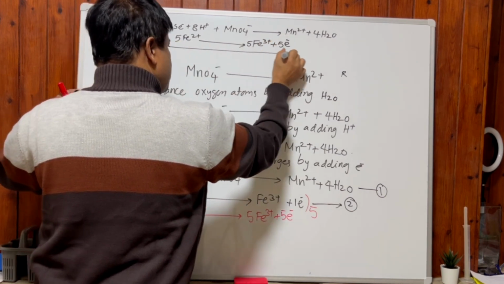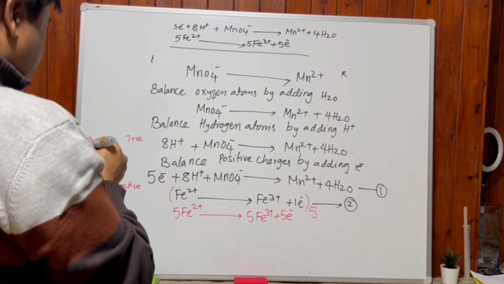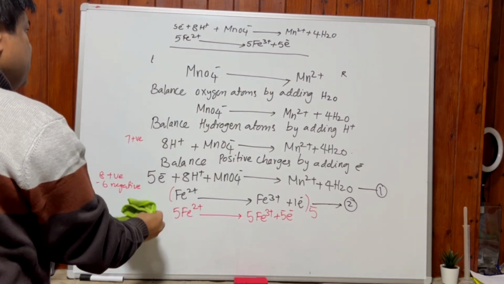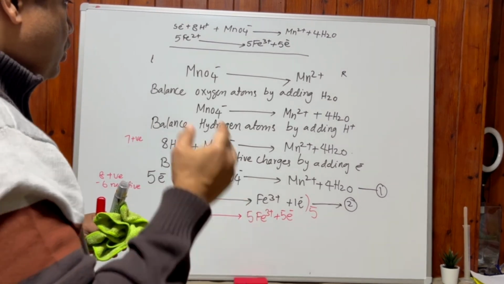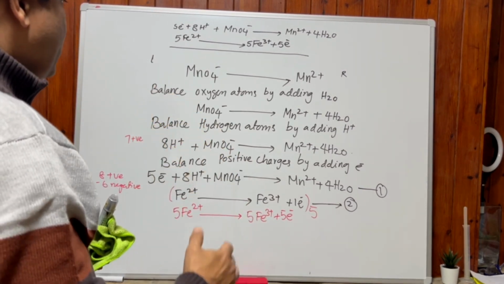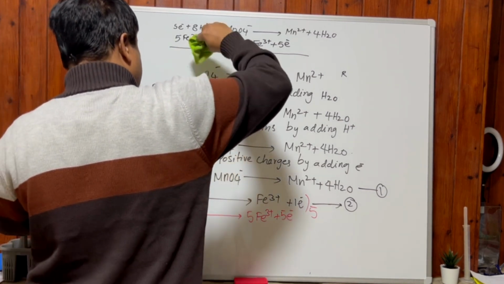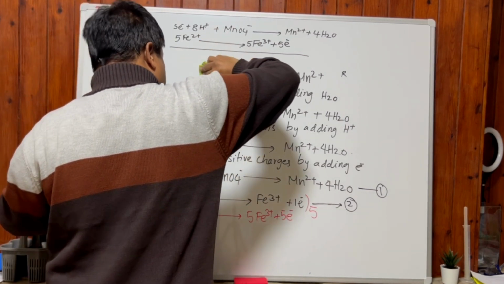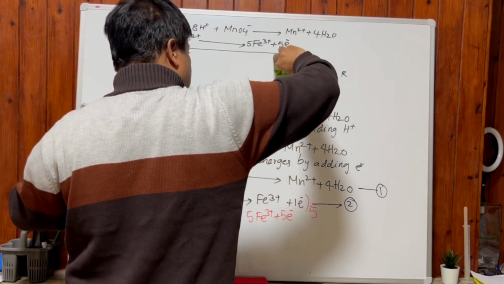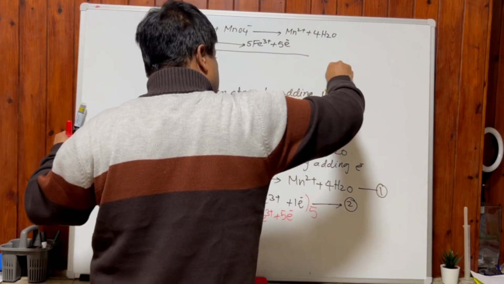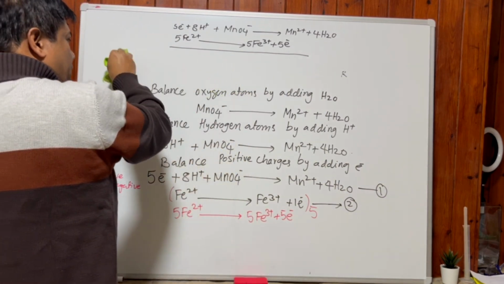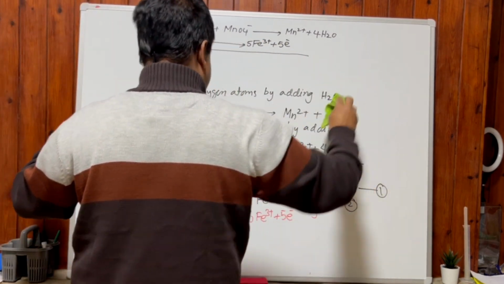Add both these half equations in such a way that no electrons are left in the overall equation. So in the overall equation, we should not be left with any electron.